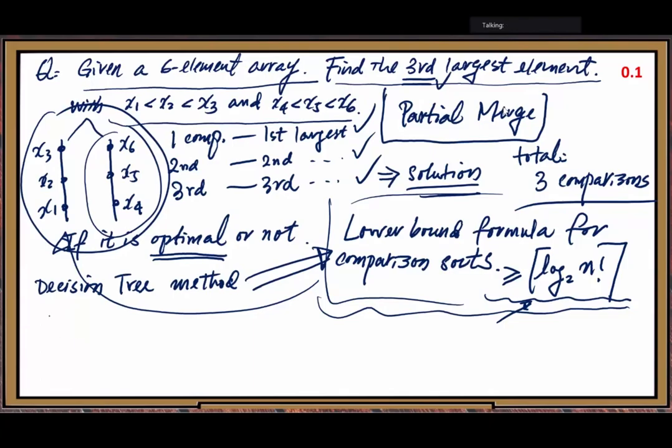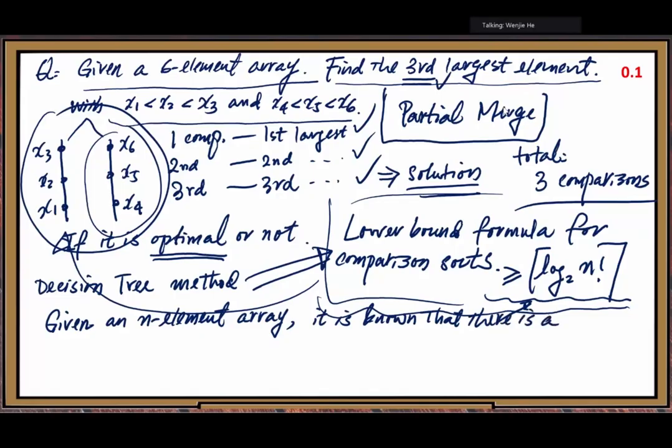Given an n element array, it is known that there is a k element ordered subarray. We know k is less than n.